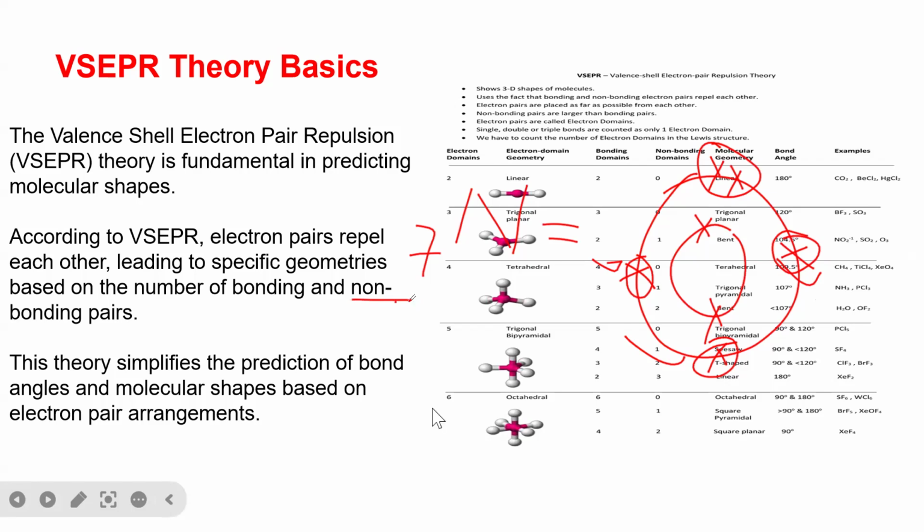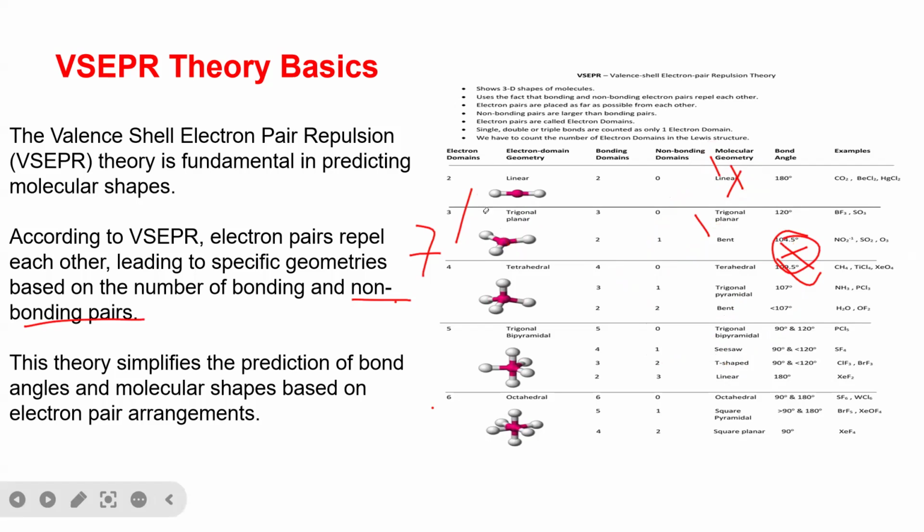So this theory tries to demonstrate that the geometry, that is the shape of the molecules, is based on the number of bonding pairs and non-bonding pairs. Very importantly, you can see clearly in this figure that we have the shapes as well as the bond angles.